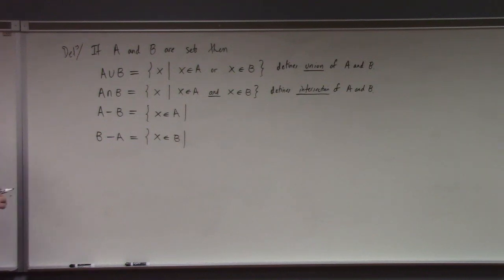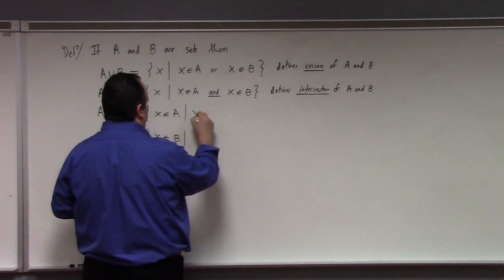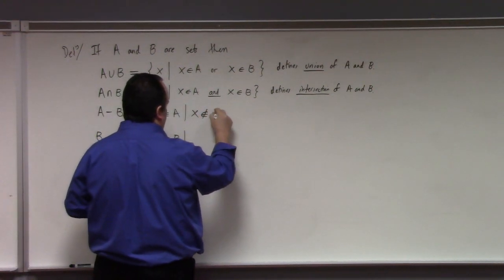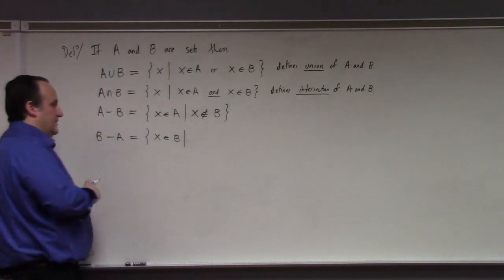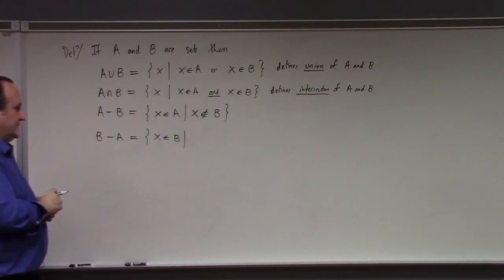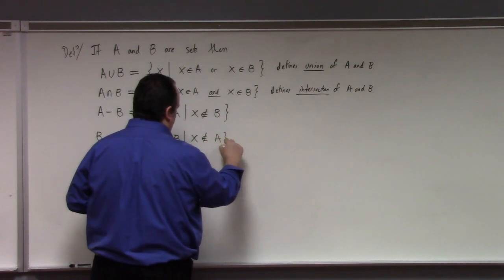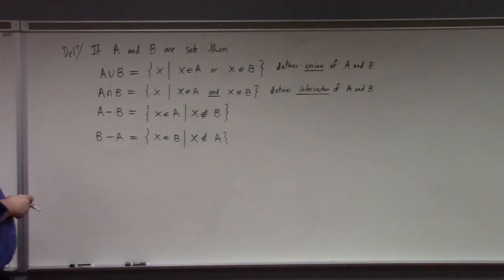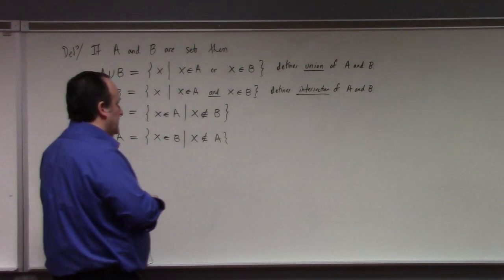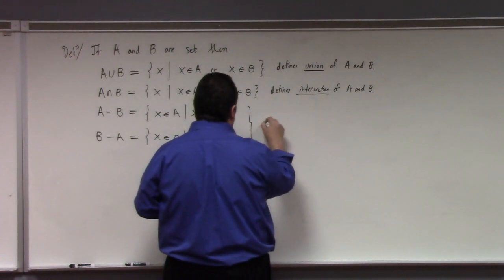X in A such that X is not in B. Very good. X not an element of B. And the next one is X not an element of A. So the last two are sometimes called set difference, and sometimes called the relative complement.